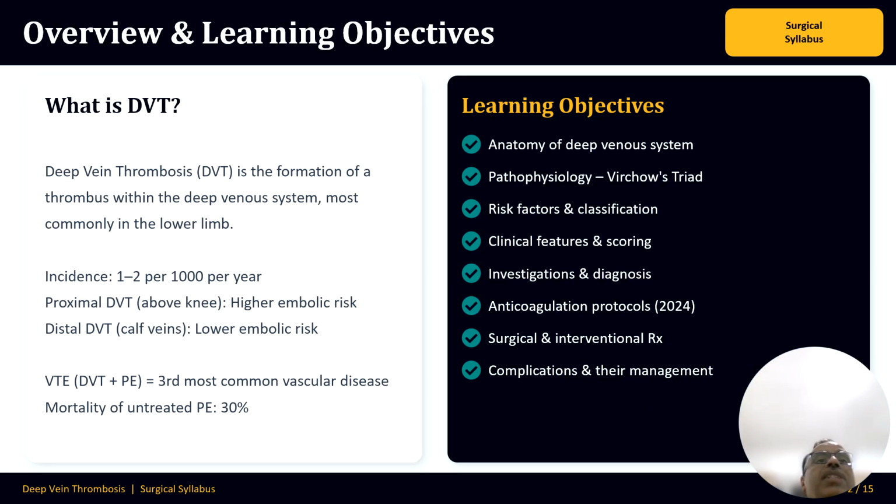As the name suggests, deep vein thrombosis is the formation of a thrombus within the deep venous system, and this occurs most commonly in the lower limb. Now if you remember, the lower limb has both superficial as well as deep venous systems.